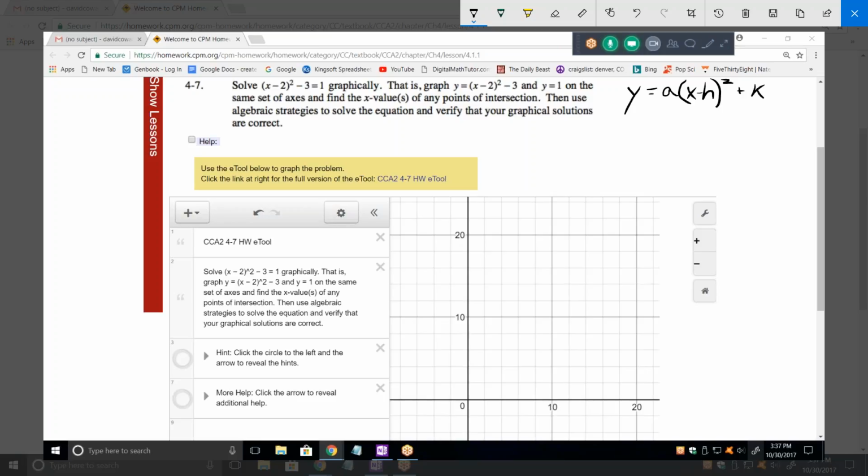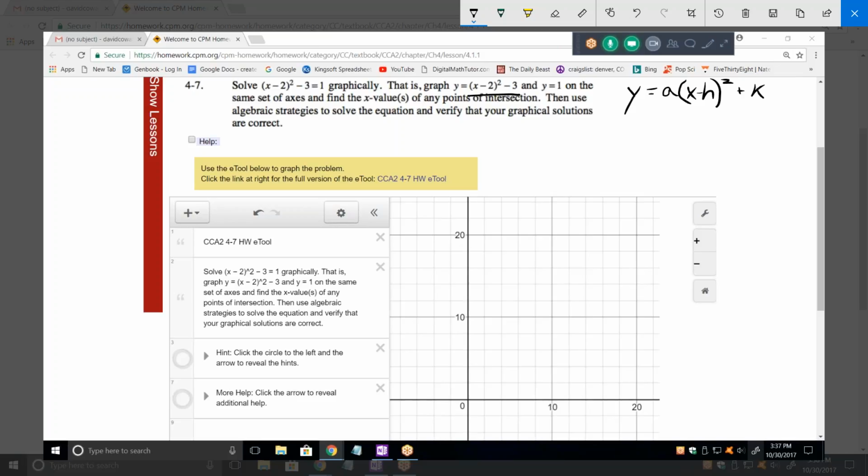Now, look at that and tell me, what's A? A is nothing. A is 1. It's not nothing. There's a huge difference between 1 and 0. Okay, so A is 1.